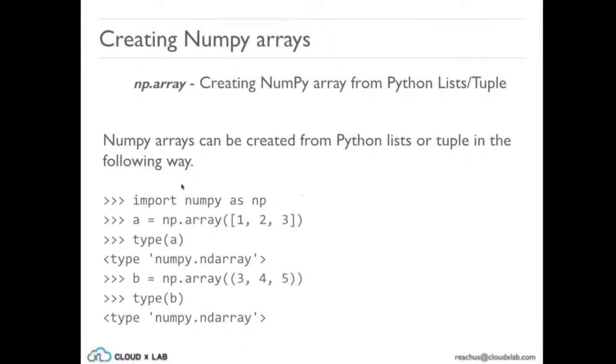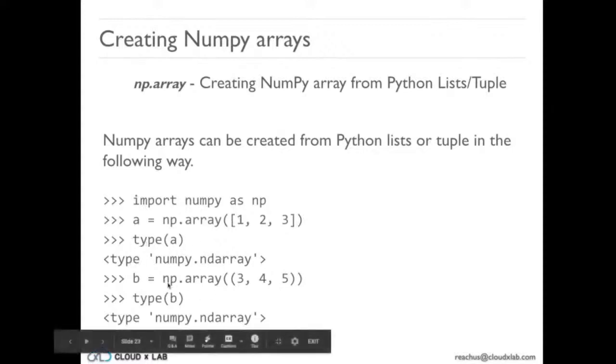We first have to import NumPy as np, and you can declare A as an array. As you see, A is an array, and if you print type of A, you get what A is. Similarly, you can declare B. Here we have declared B as a tuple, and that also can be converted into a NumPy array, and that works fine. You can declare in multiple ways.